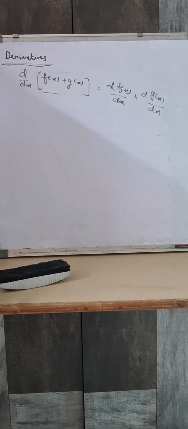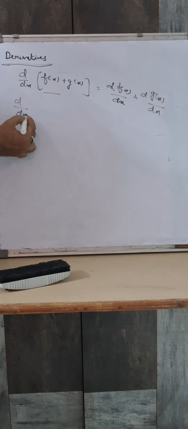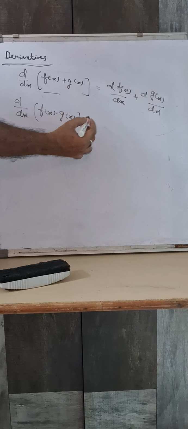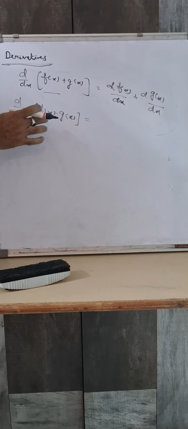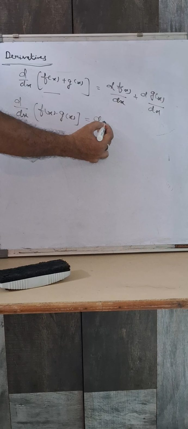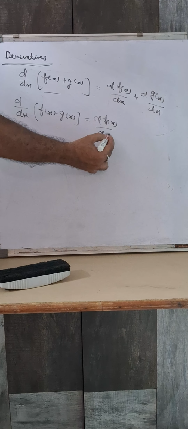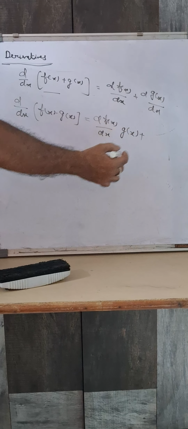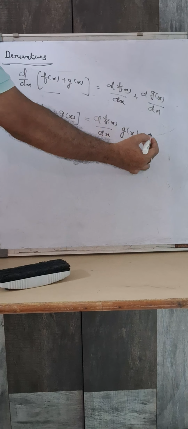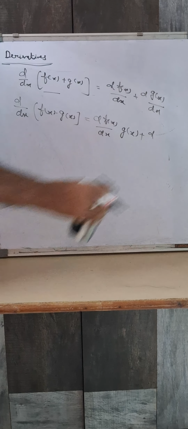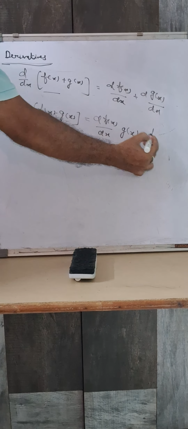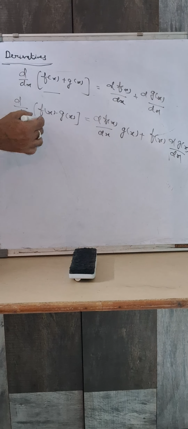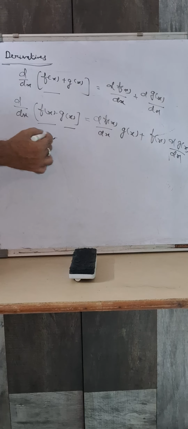If a function is written as a multiplication of two functions, then we take the differentiation of the first, df(x) upon dx, leaving the other function as it is, plus we keep the first function as it is and take the derivative of the other function.